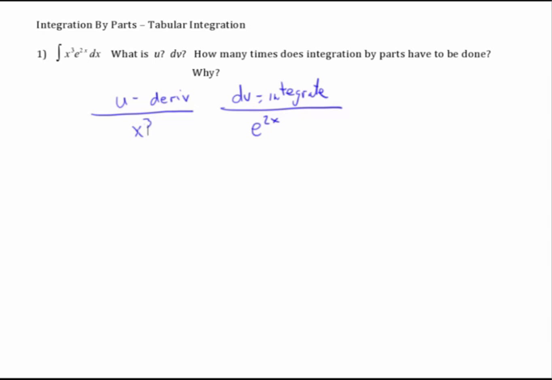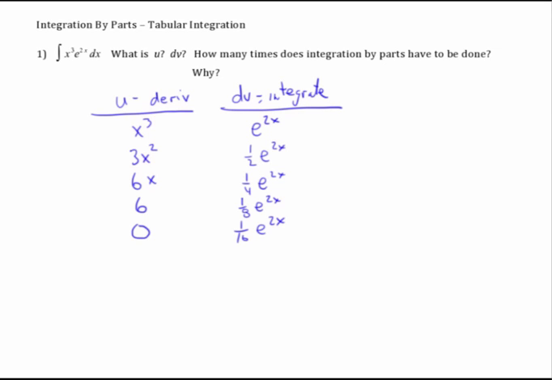So all we do is we find the derivative of each of the u's and just go down in our table until we get to 0. And then we find the antiderivative of the e to the 2x part. So we have 1/2 e to the 2x, and then 1/4 e to the 2x, 1/8 e to the 2x, and the last one will be 1/16 e to the 2x.